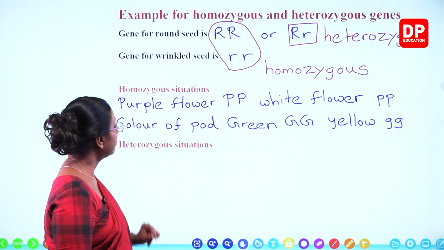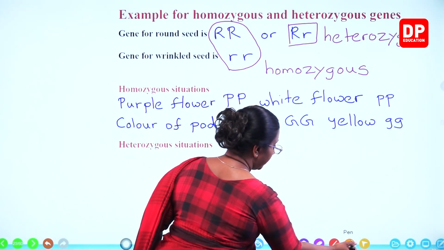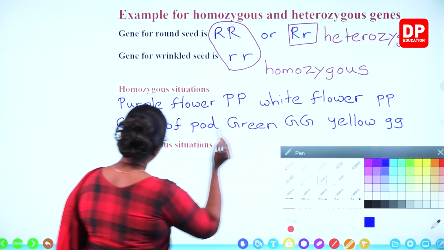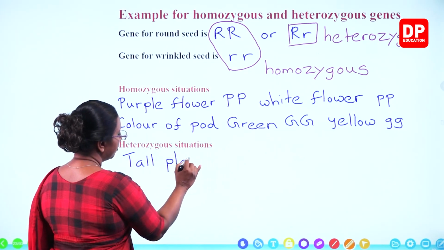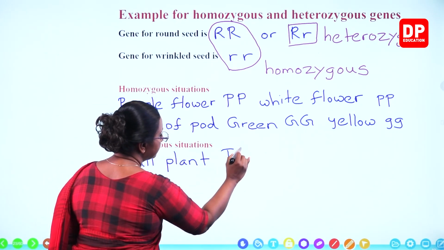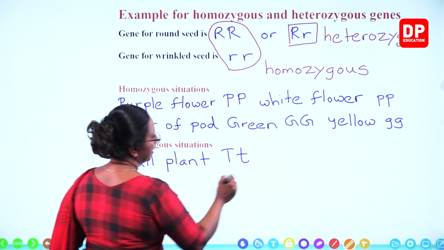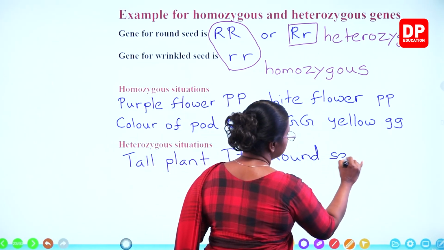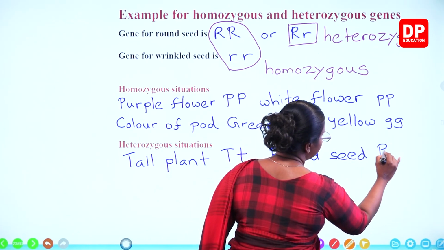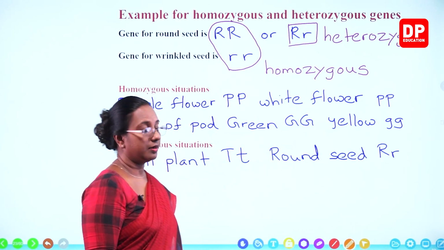If you take the heterozygous situations, now for tall plant, capital T, small t. Then round seed, capital R, small r.